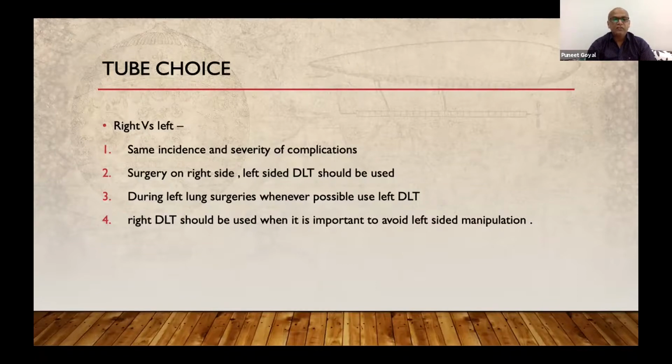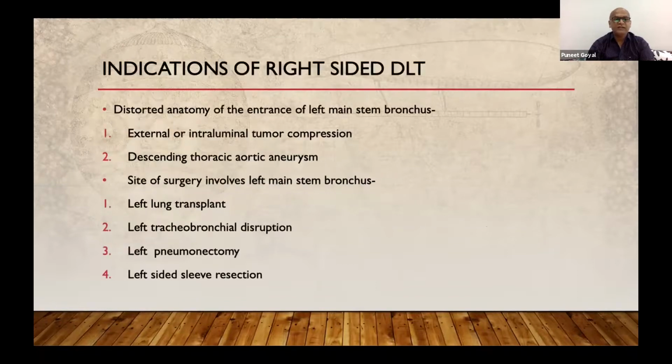A right-sided DLT should be used whenever it is important to avoid left-sided manipulations, like distorted anatomy of the entrance of the left mainstem bronchus, such as external or intraluminal tumor compression or a descending thoracic aortic aneurysm, or when the site of surgery involves the left mainstem bronchus, like left lung transplant, left tracheobronchial disruption, or when the surgeon has to perform a left pneumonectomy or left-sided sleeve resection. So in most cases, the preferred type is the left-sided DLT.